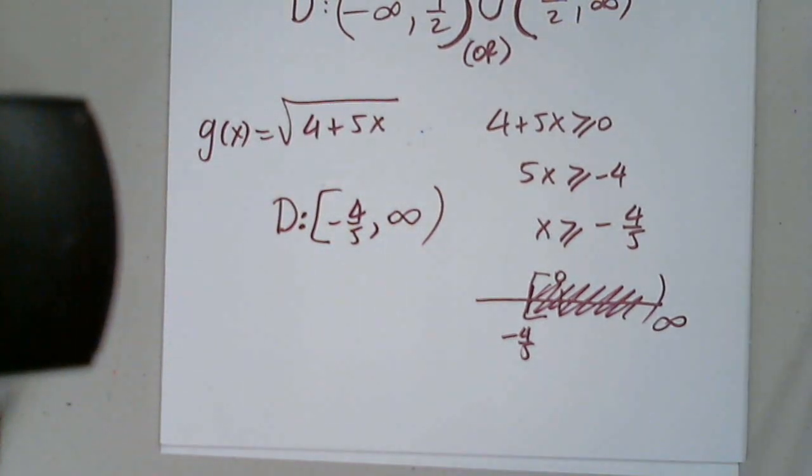Can anyone just give us the domain of this function? 25 to 100. Very good. Do you all see 25 to 100? Can anyone give us the range of this function? 0 to 450. That's it.